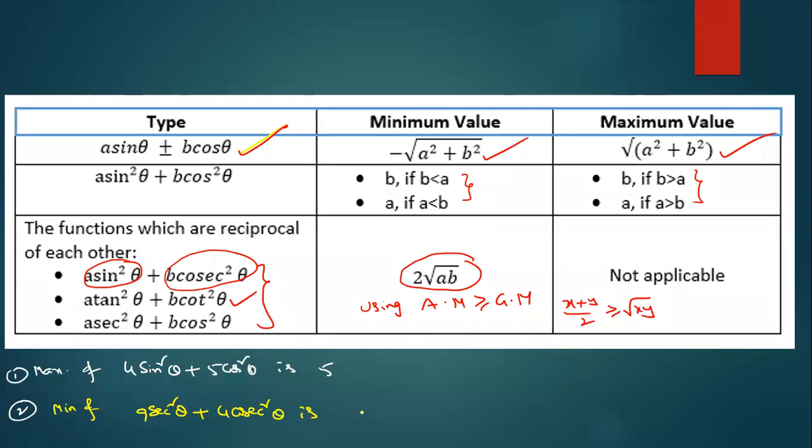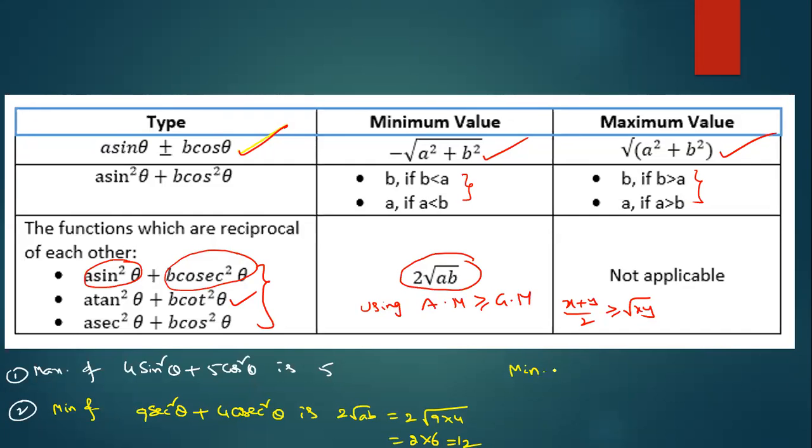What is the formula? What is the minimum value? 2 times root AB. That is 2 into root of 9 into 4, so 2 into 6, the answer is 12.